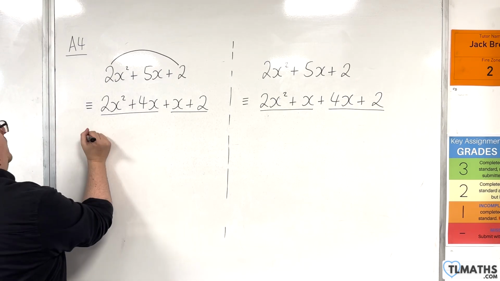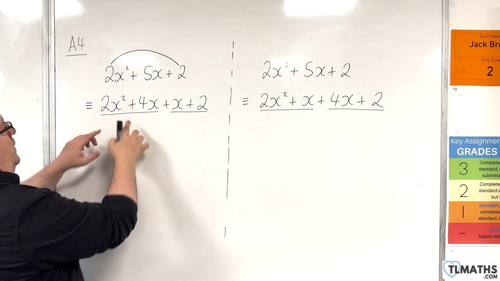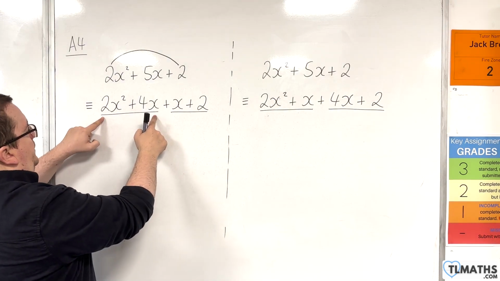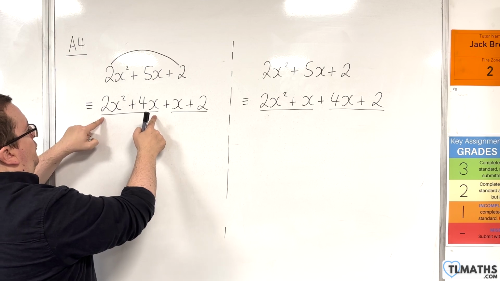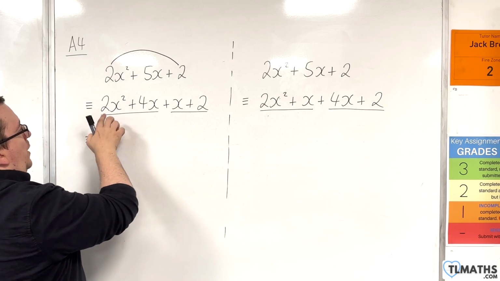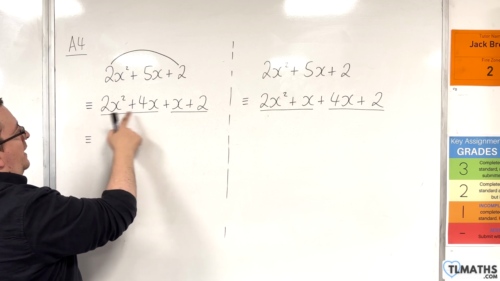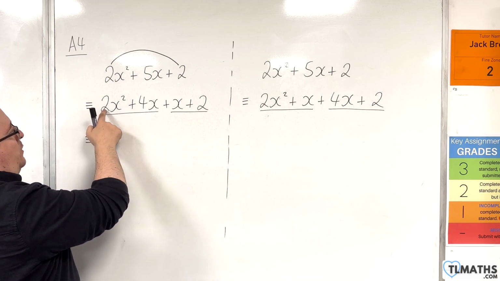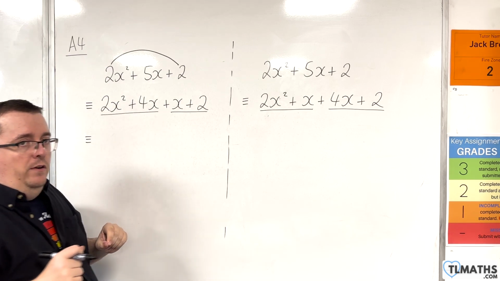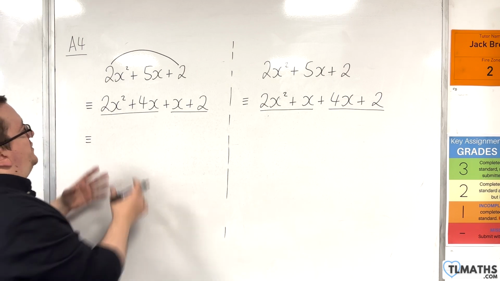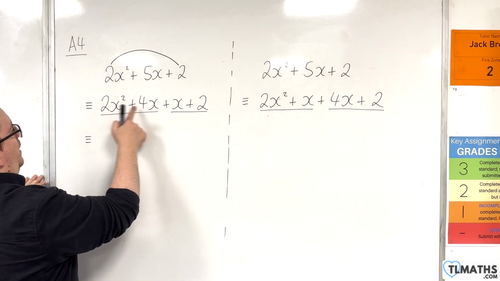Okay? So, let's focus on this bit first. 2x squared plus 4x. Now, both terms have an x, and they both have a coefficient that's even, so you can pull out 2 as well. So 2x is common to both of those two terms.